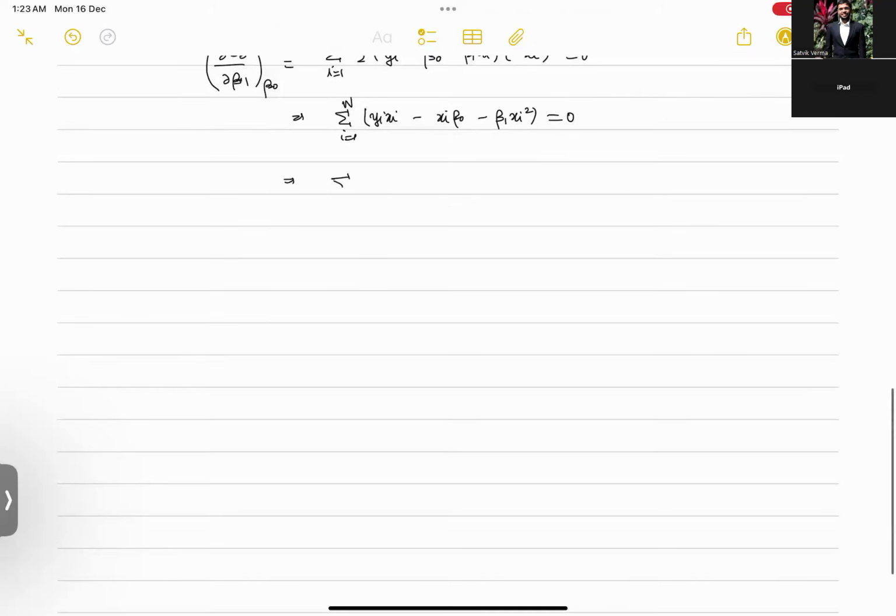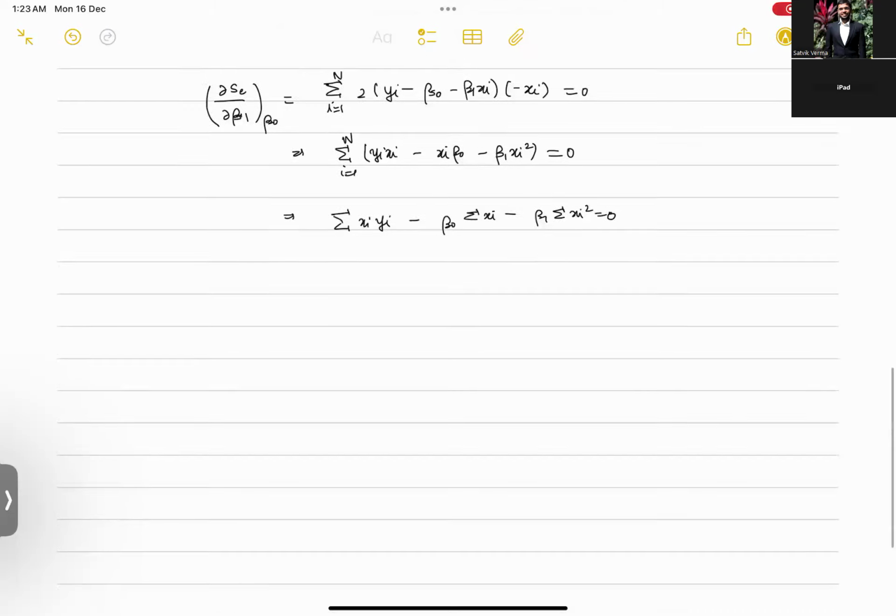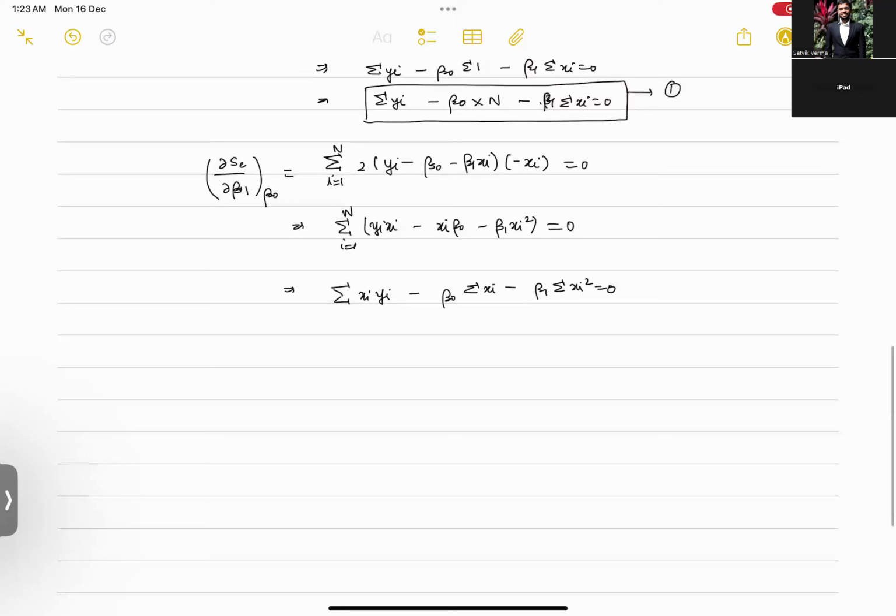And if we break open the summation, we get summation xi yi minus beta naught comes out of the summation. So beta naught summation xi minus similarly beta 1 comes out summation xi square. And that is the second equation that relates the two.